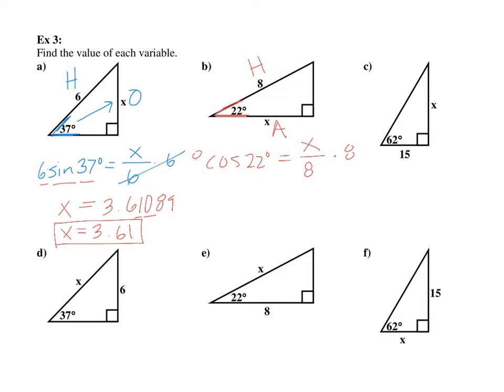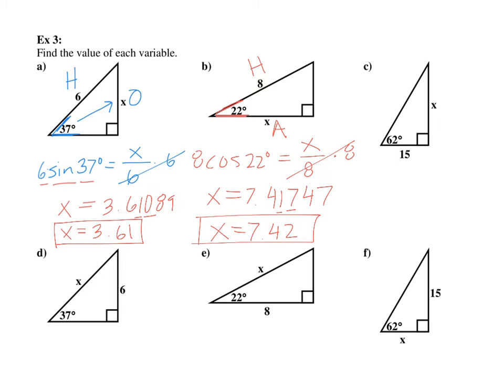Multiply by 8 on both sides, cancels out, and you get x is equal to 8 cosine 22, which is 7.41747, and so on. Once again, round to the nearest hundredth. All right, the thousandths place is 5 or greater, so this becomes a 2. So I have x is equal to 7.42.